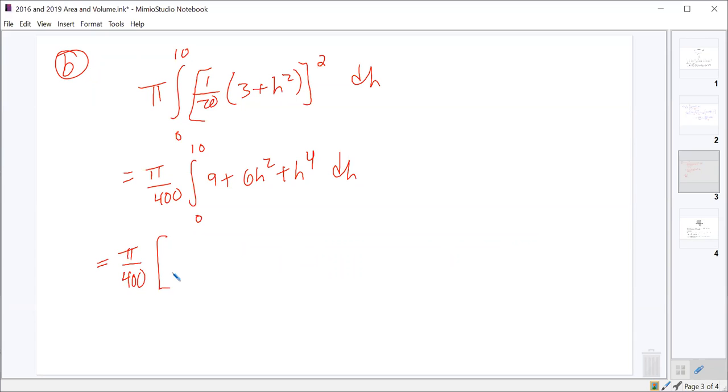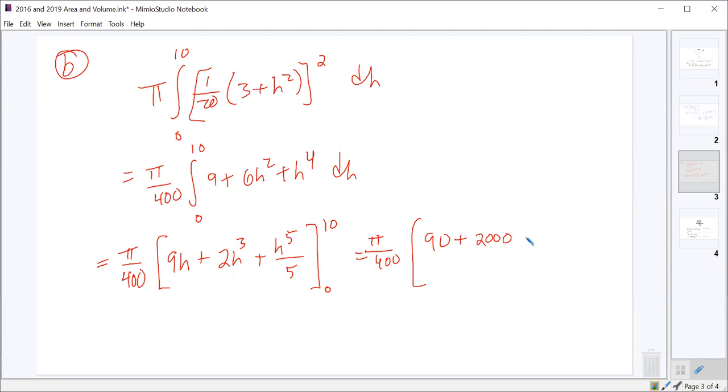So pi over 400, 9h plus 3h squared plus h cubed over 3 from 0 to 10. And that's going to give us 90 plus 300 plus 1000 over 3 minus 0.